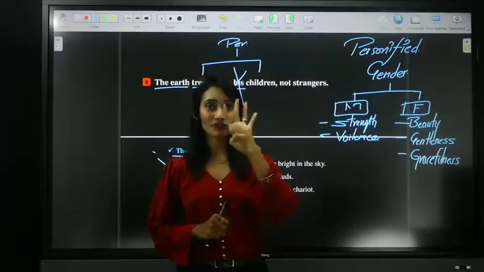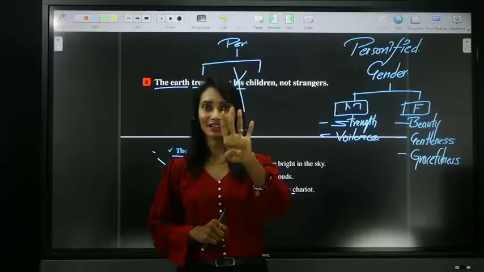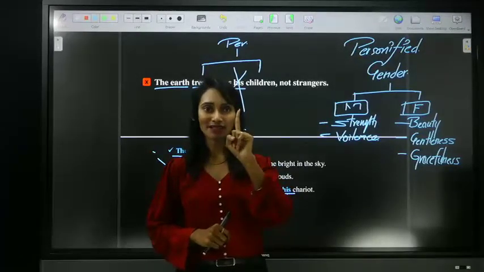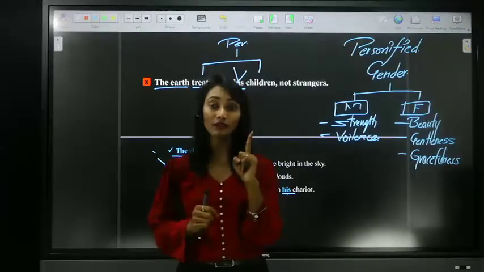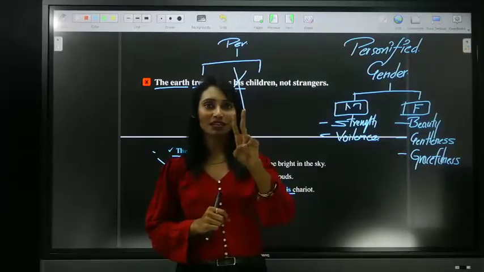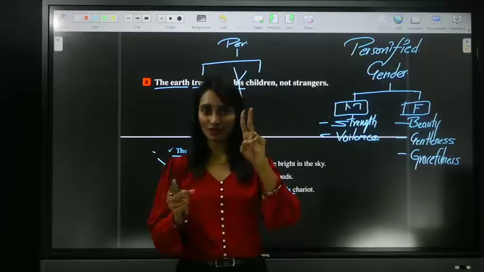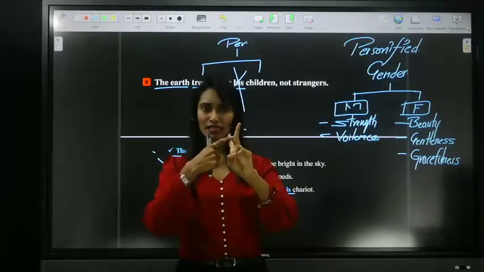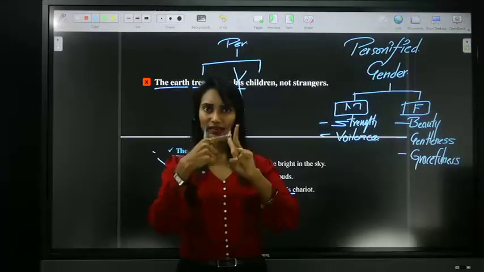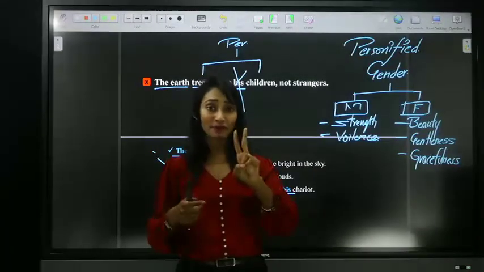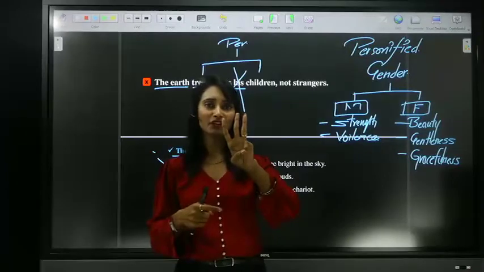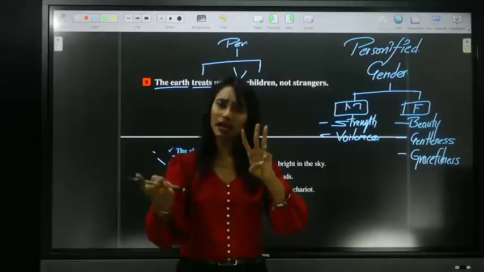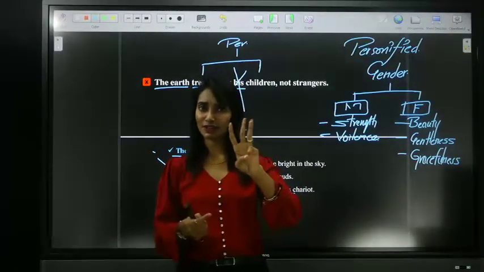We know there are four types of genders in English grammar. One, masculine talks about male persons or animals. Two, feminine talks about female persons or animals. For example, king, queen, man, woman. 3. Common gender talks about either male or female persons or animals.